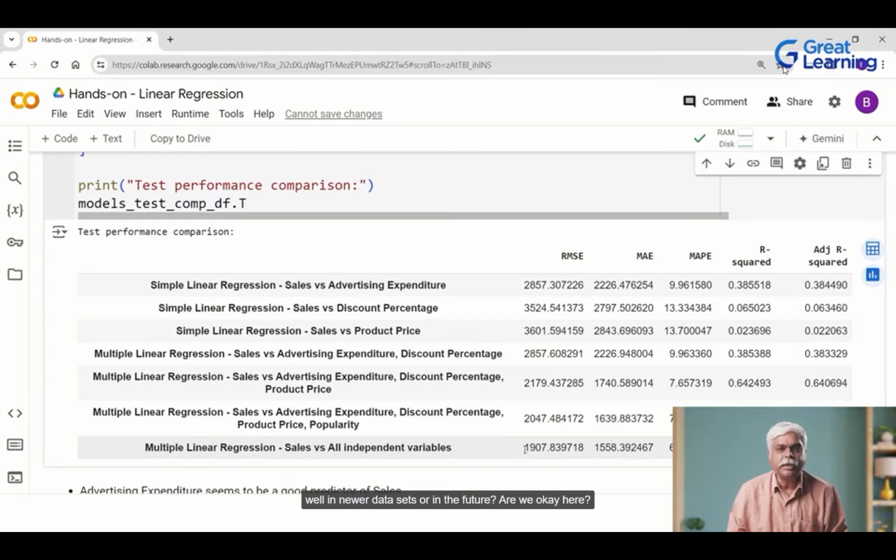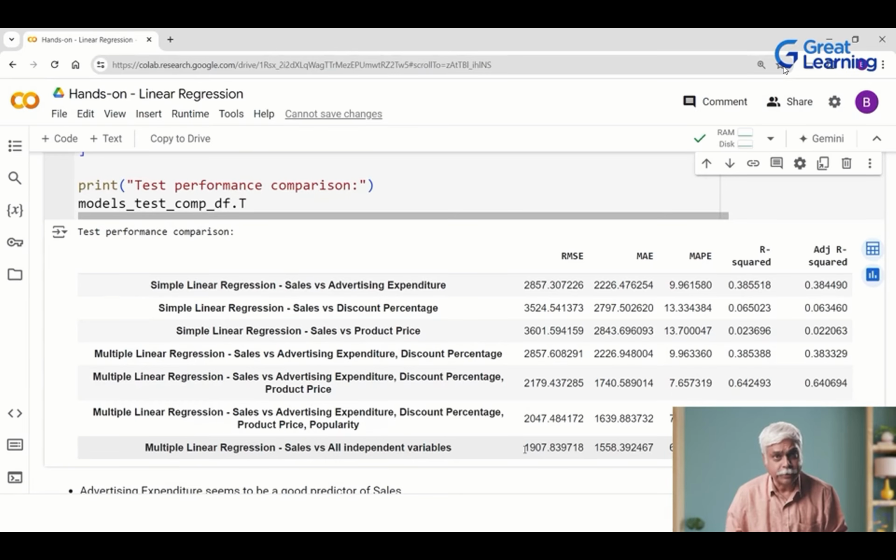Are we okay here? We're at over 70%. In a business setting, perhaps so. In other settings, your domain will tell you what is a good RMSE and what is a good R square and what is a good MAPE. You need to think amongst yourselves. Figure out what it means in practice to be about 7% off on your sales forecast, because that's what this means.